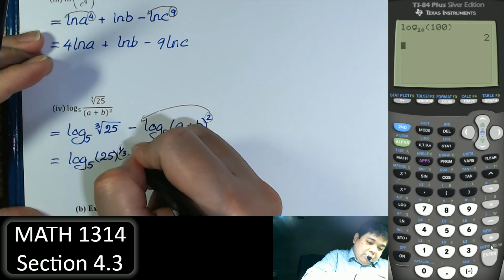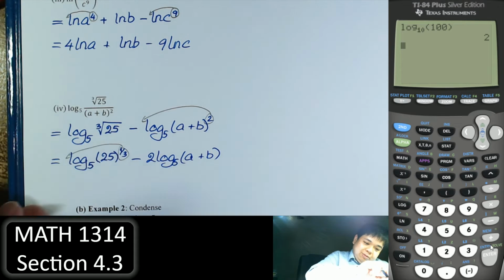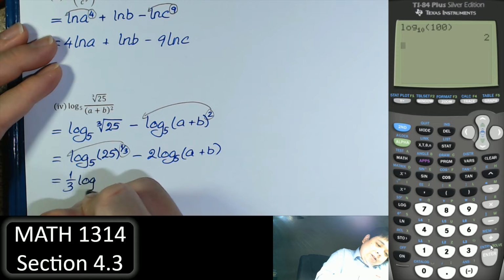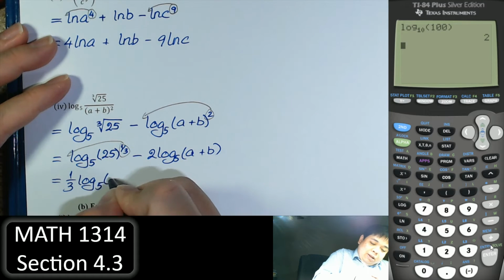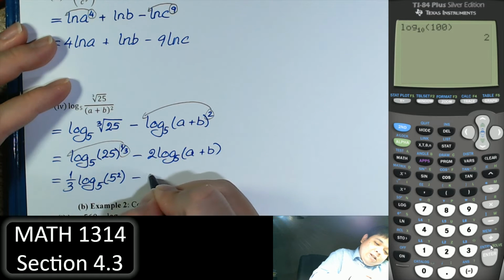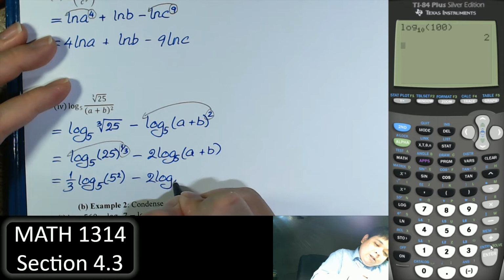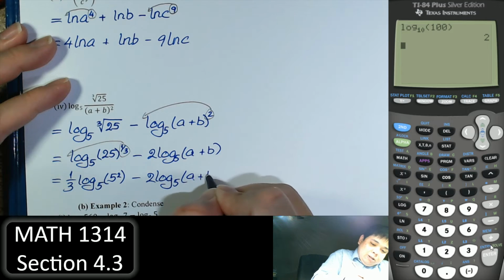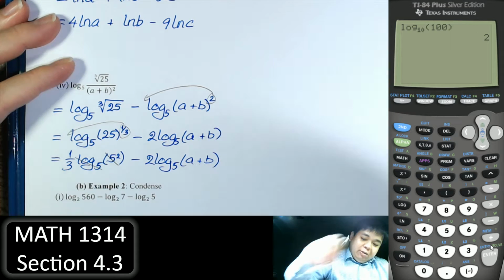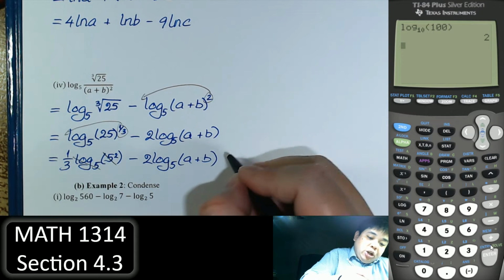Yeah, we can bring down the 1/3. By the way, 25 we can write as 5 squared. Base 5 of the log, base 5 of the exponent, so that's just 2.